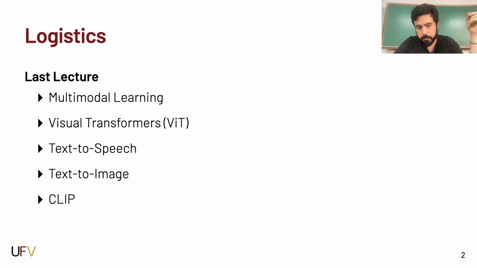CLIP is actually under the hood in these models that we use to generate images today. Not any, but most models that take a textual prompt to generate images somehow use CLIP under the hood to correlate the prompt to the images you want to generate.